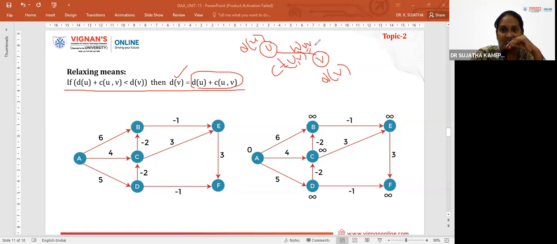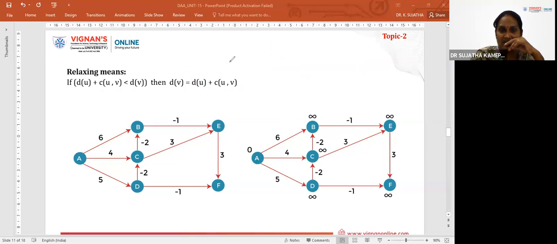Now, if I add the distance of u with this cost, and this value is less than the distance of v, then we will update the distance of v with this value. I hope that you understand.